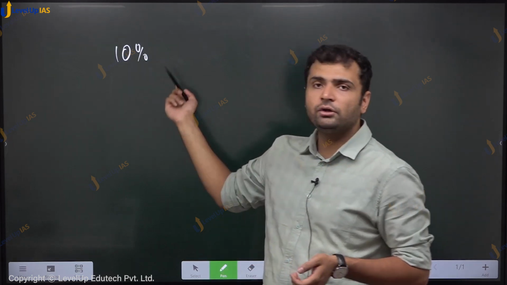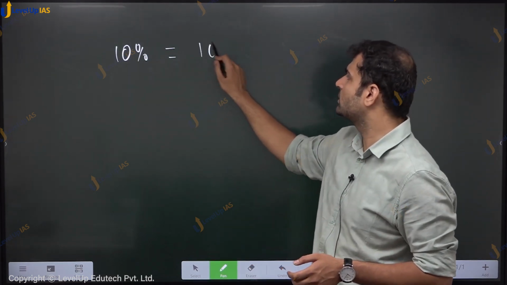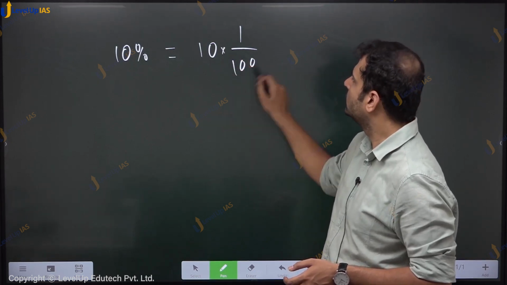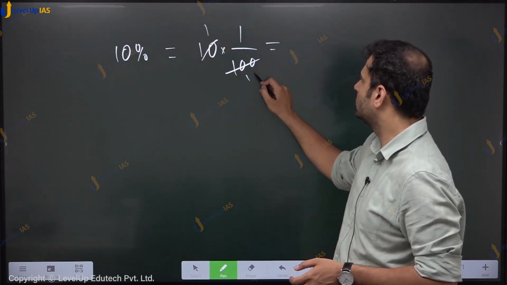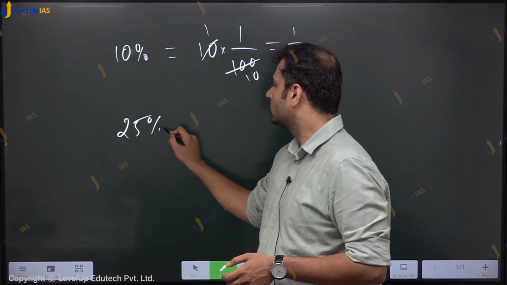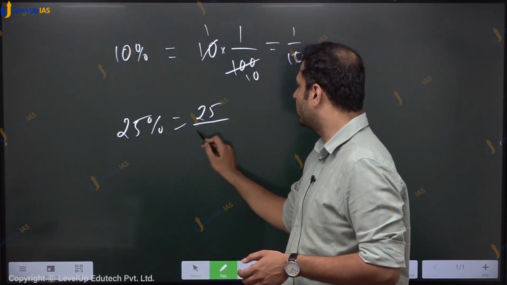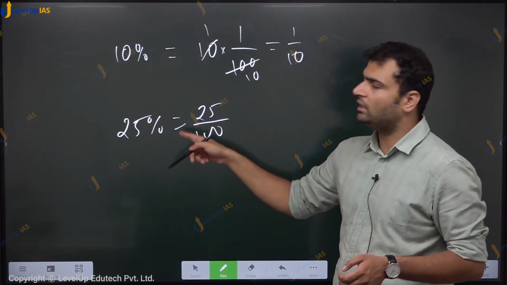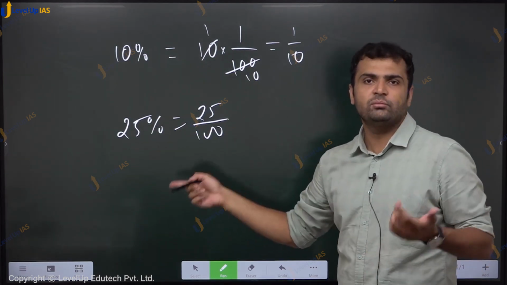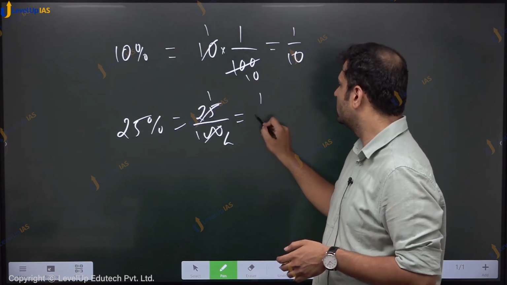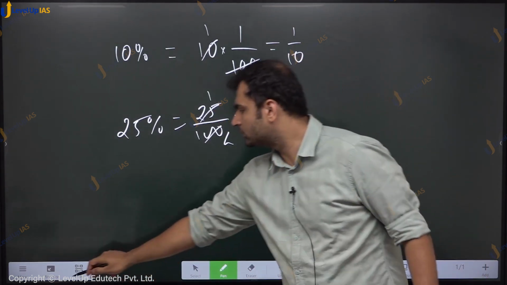How will we convert it into a fraction? 10% is equal to, instead of the percentage sign, write 1/100, and you'll get 1/10. 25% is equal to 25 divided by 100, because percentage is nothing but division by 100, equal to 1/4, and so on.